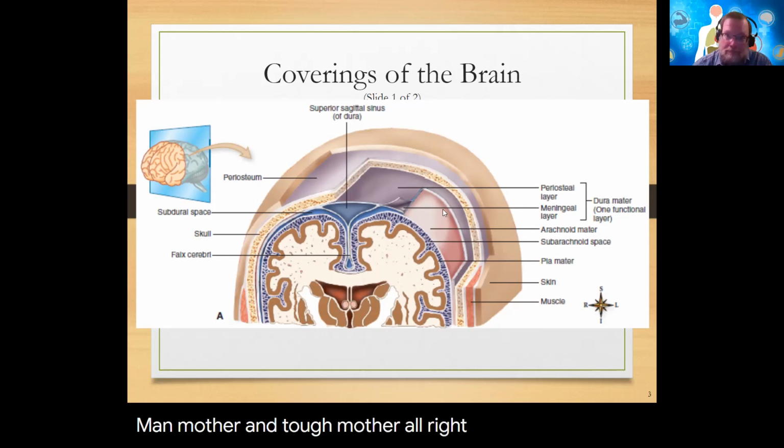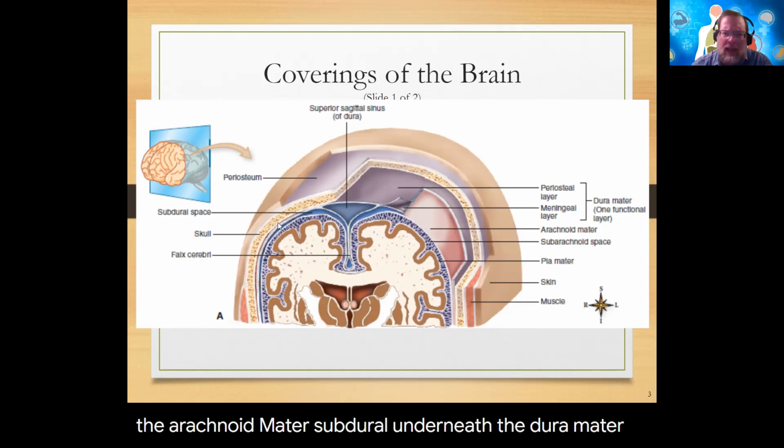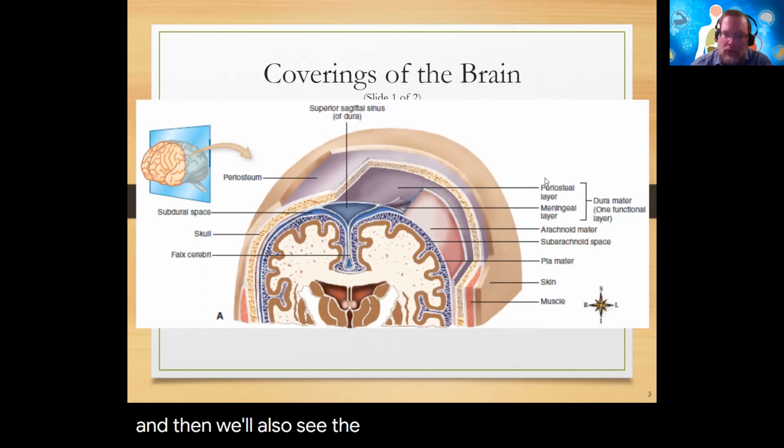Those are the meninge layers. And then the spaces are the subarachnoid space underneath the arachnoid mater, the subdural space underneath the dura mater, and then we'll also see the epidural space later on.